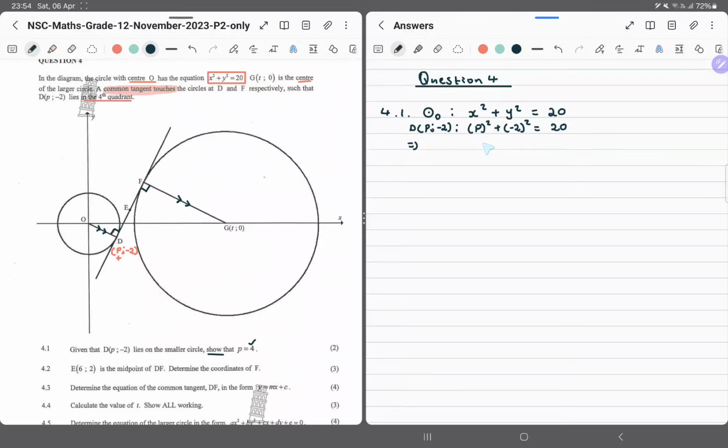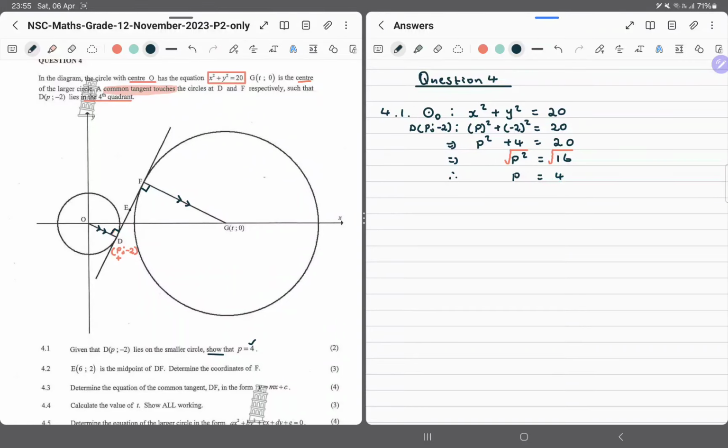This implies that we've got p squared plus 4 is equal to 20, which also implies that p squared is equal to 16. Then we do our gymnastics of choice. Then we can make a conclusion that p should be a plus 4.